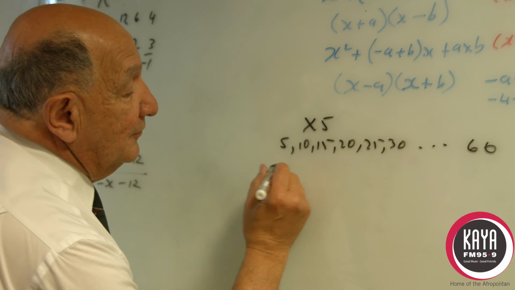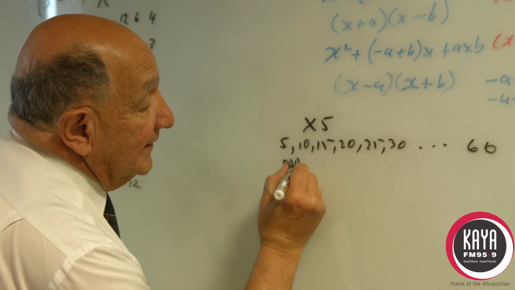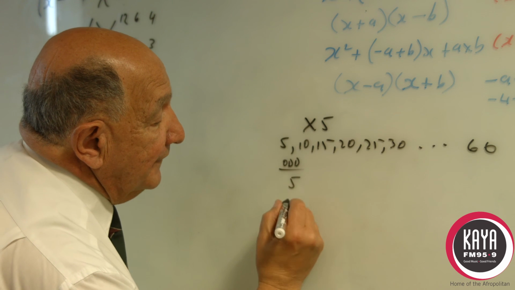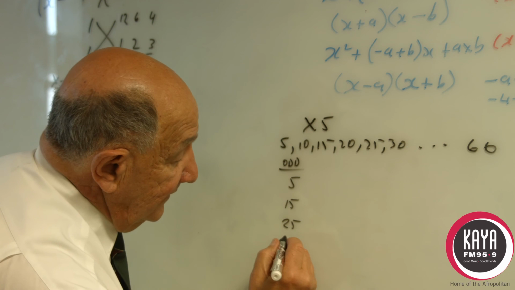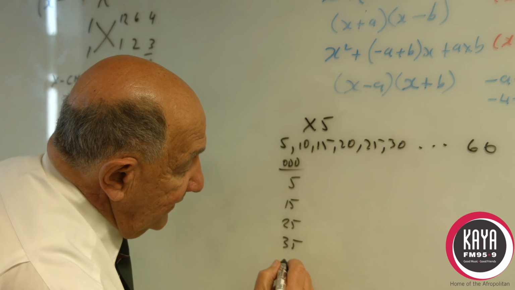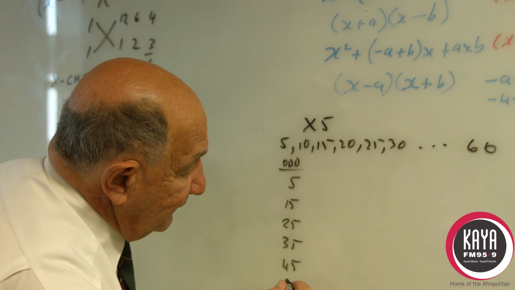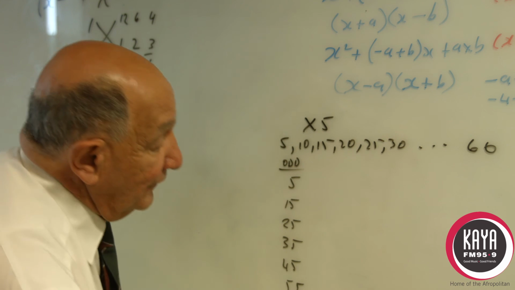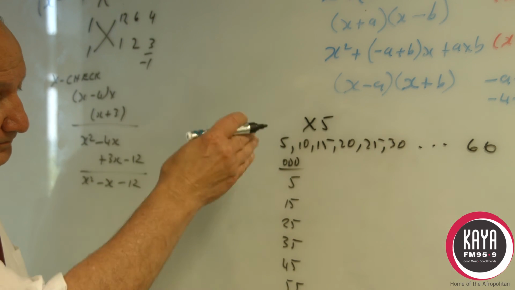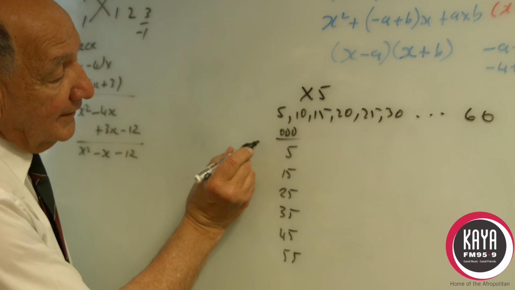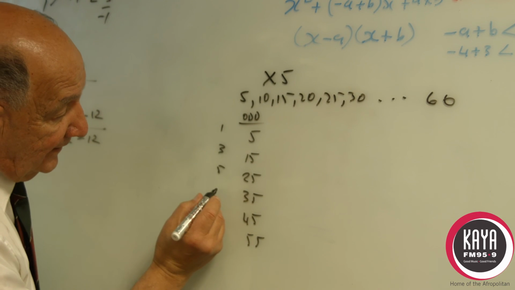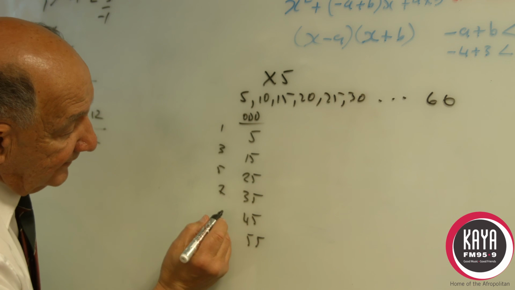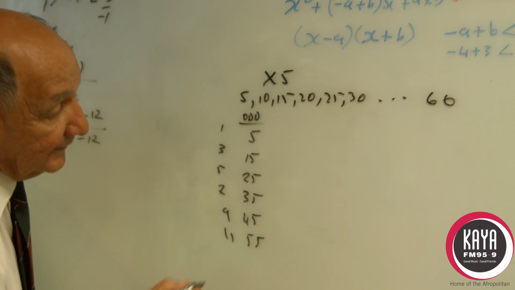So if we put all the odd numbers together, we have 5, 15, 25, 35, 45, 55. So this is 1 times 5, 3 times 5, 5, 7, 9, and 11.